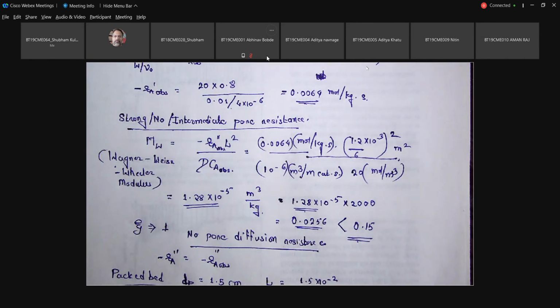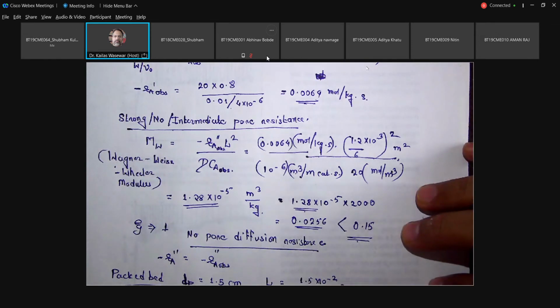So this will be 2.5 into 10 to the power minus 3 meter. Okay.